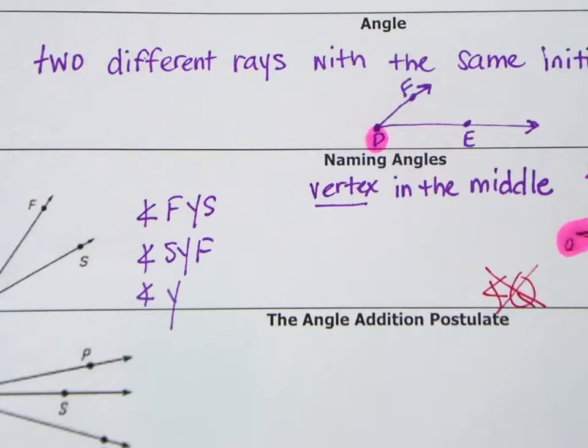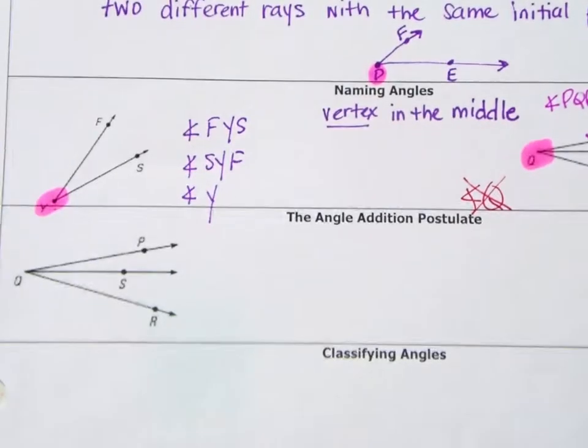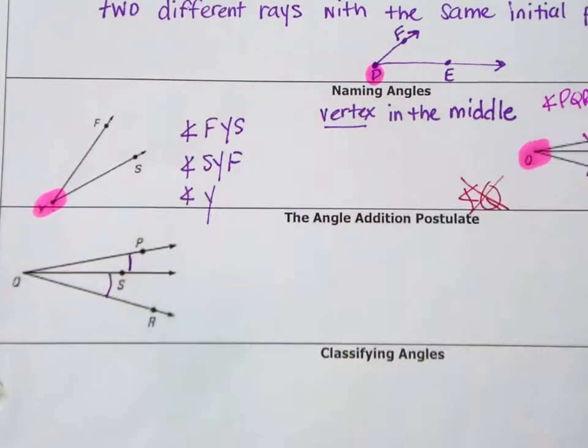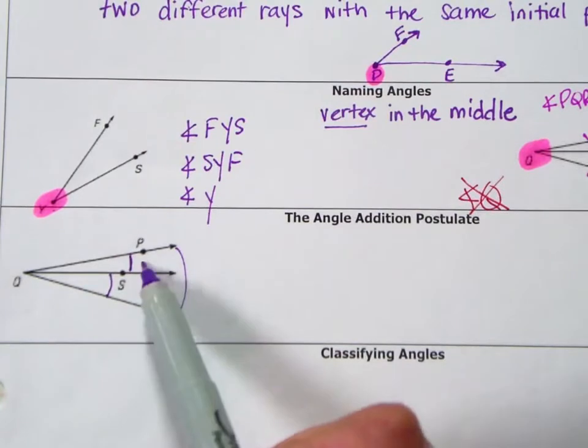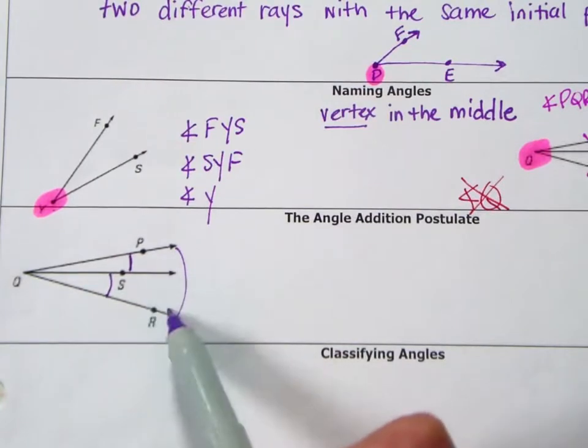All right, we are going to look at now the angle addition postulate. Again, this is going to be very similar to our segment addition postulate that we looked at a couple classes ago. Basically, this is the part plus the part equals the whole. So the measure of this angle plus the measure of this angle has to equal the measure of the whole thing.